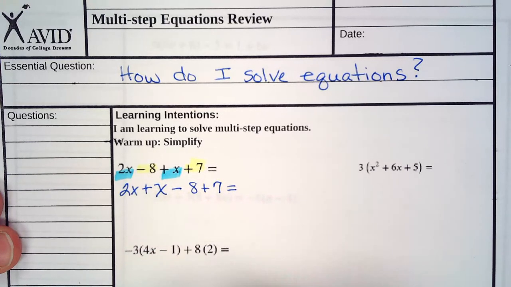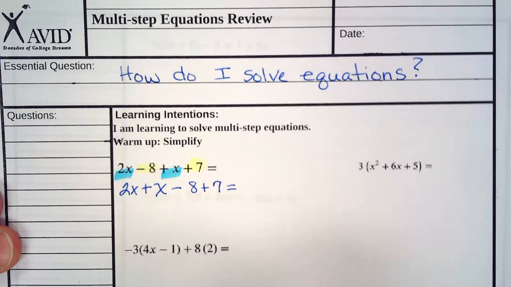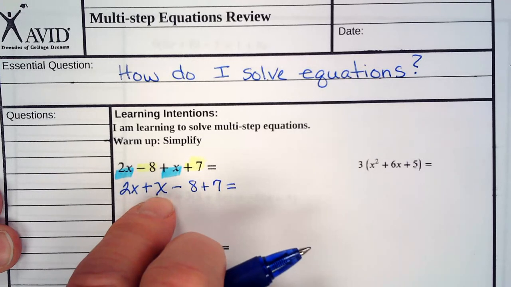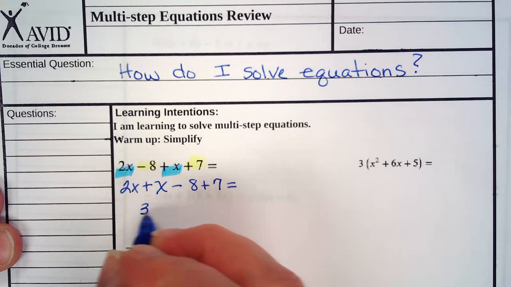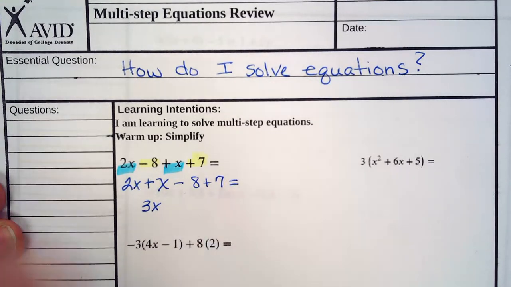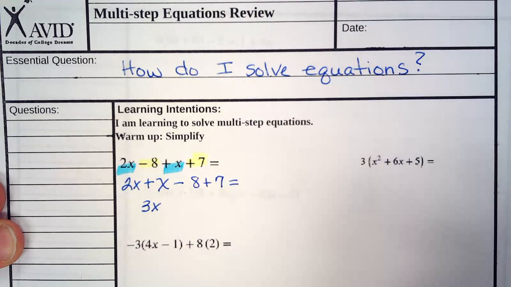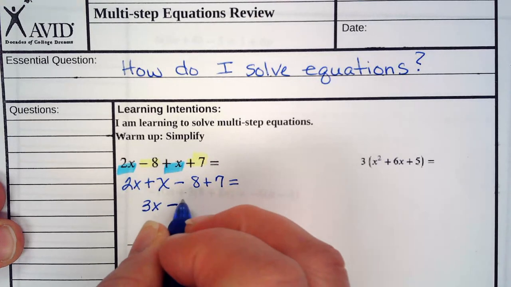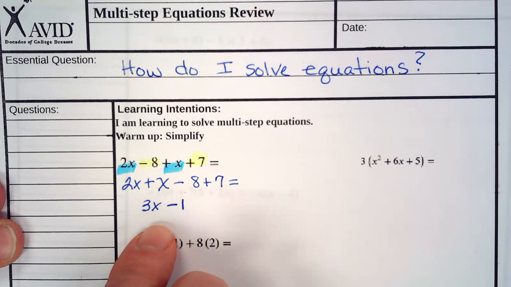Okay, we rearranged so we could see what the like terms were. 2x plus 1x is 3x. Negative 8 plus 7, if I'm starting at negative 8 on the number line and going up 7, I'll end up at negative 1. 3x minus 1.